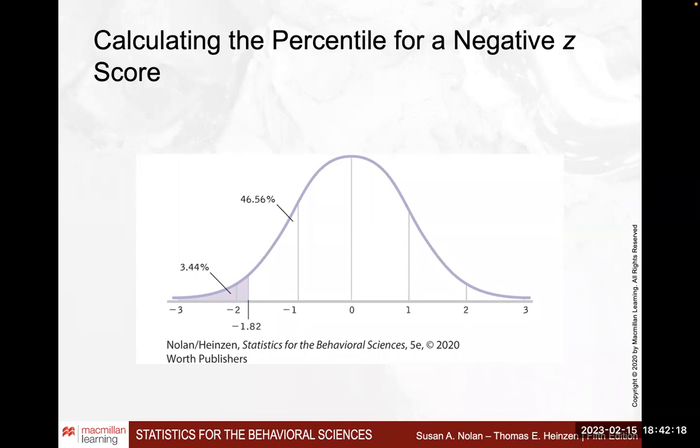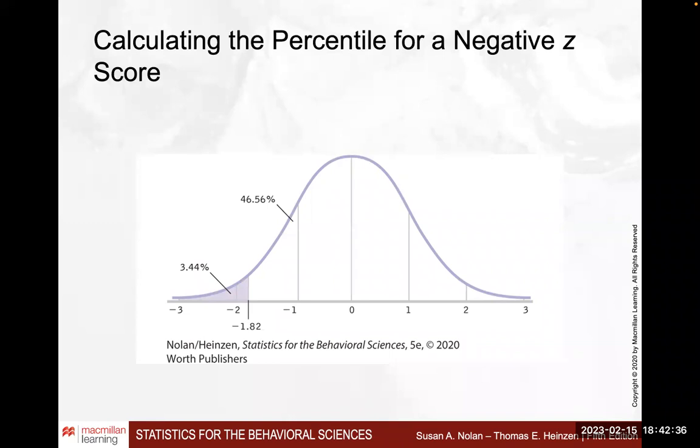Calculating this, 5.2 minus the average of, let's say, 5.6, puts him on a STAT score of minus 1.82. That means that to the left, we have the 3.44 percentile.